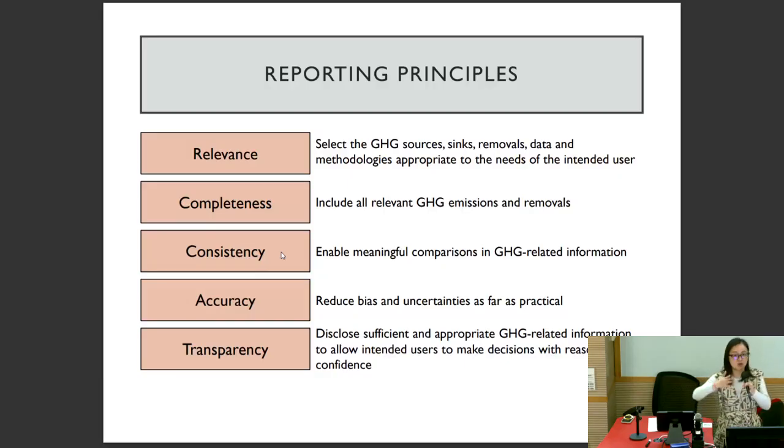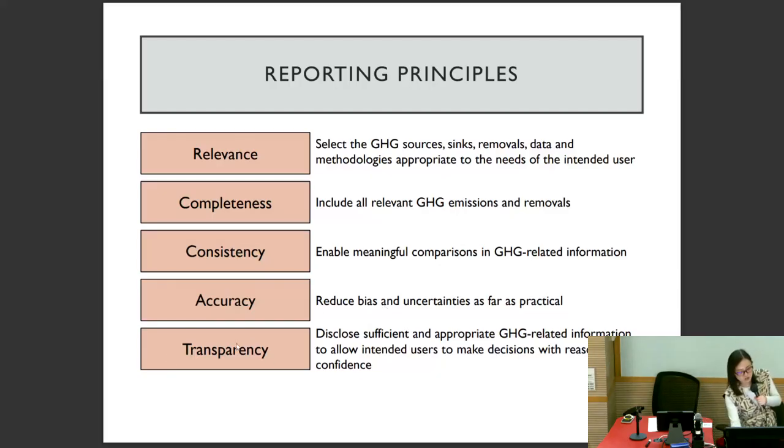So it is consistent, such that we can compare year to year emissions. Accuracy: reduce bias and uncertainties as far as practical. So if local data are available, then use the local data. If on-site measurement data are available, also use the most accurate data on hand.